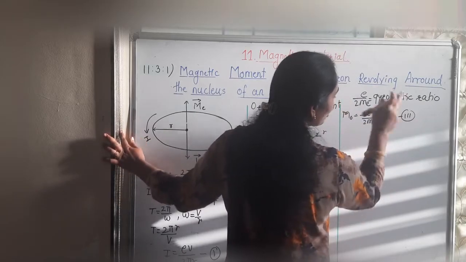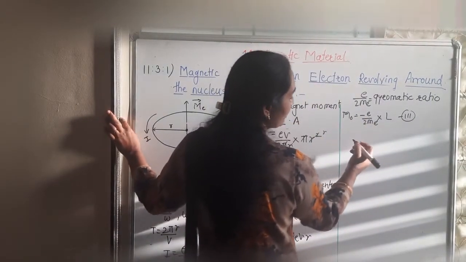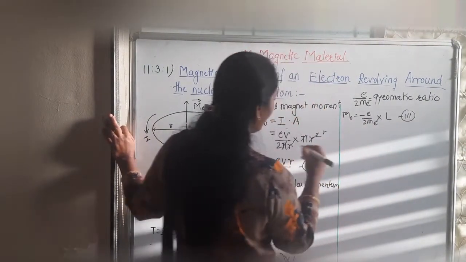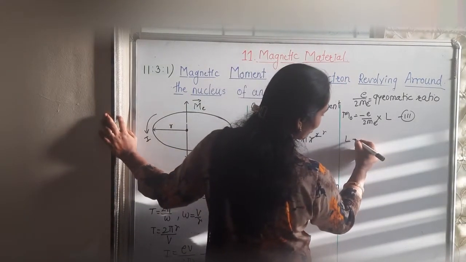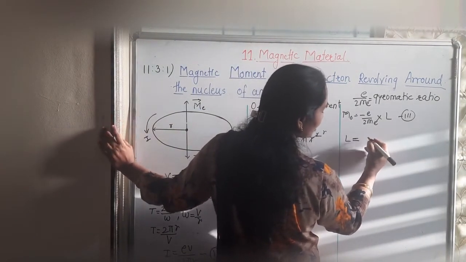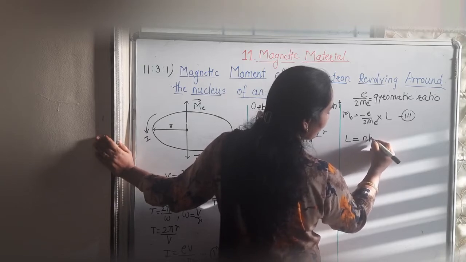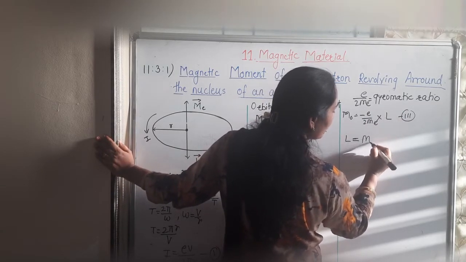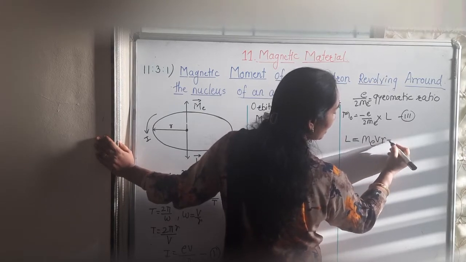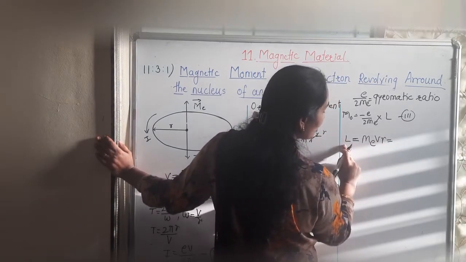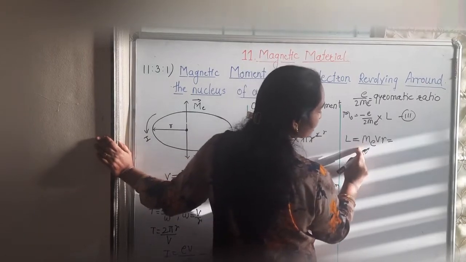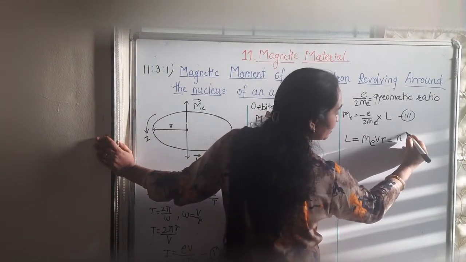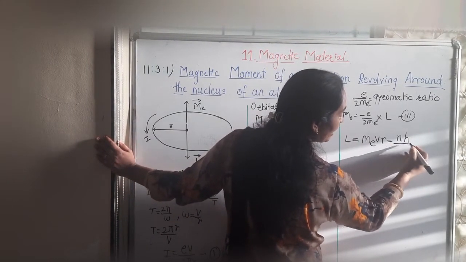When the electrons revolve around the nucleus, the angular momentum L, which we know is m_e v r, is an integral multiple of nh upon 2 pi.